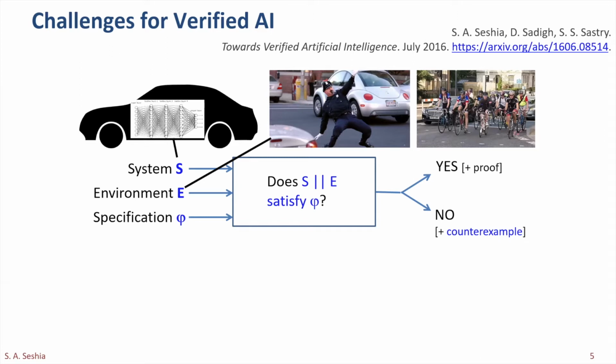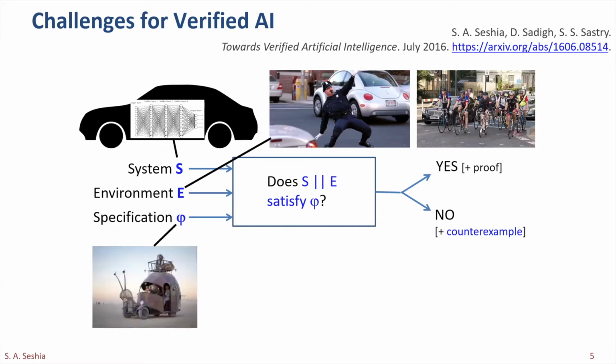The second challenge is just the complexity of these systems. You have large deep neural networks with hundreds of thousands, if not millions, of parameters. And then these are really hybrid systems, right? So discrete and continuous properties of a scale that we typically are not able to handle using even the state-of-the-art hybrid systems verification methods.